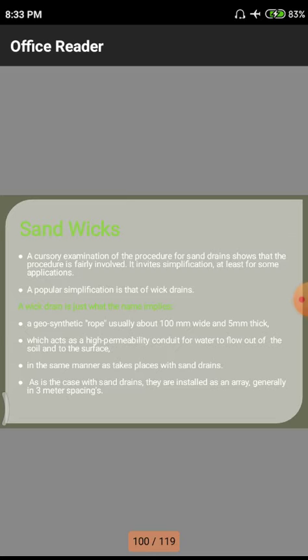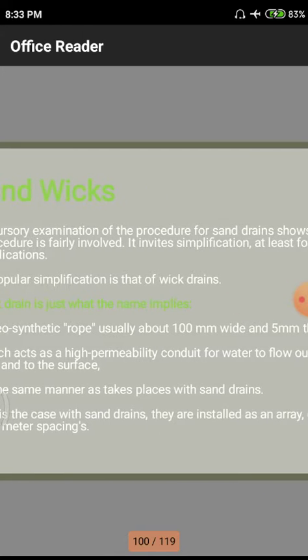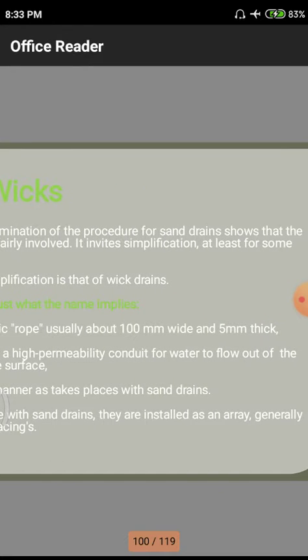First, a drain, what the name implies. A sand drain means a geosynthetic rope, usually 100 mm, which is simply 10 centimeters, since each centimeter has 10 mm.